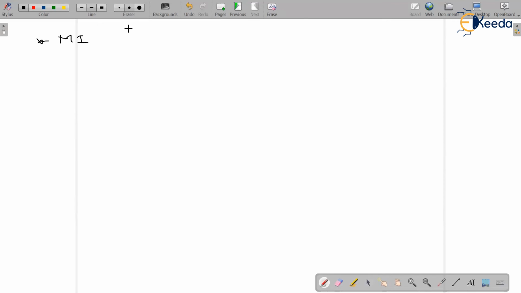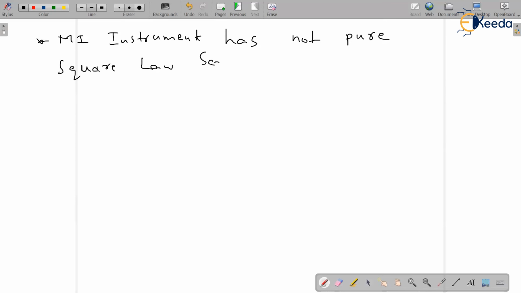The next, an MI instrument does not have a pure square law scale.